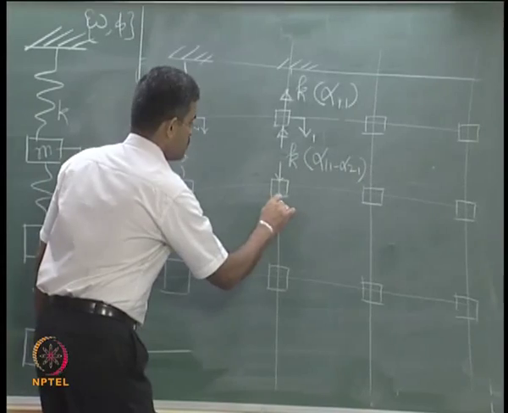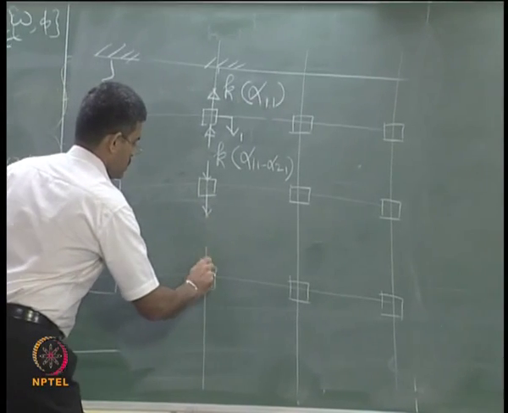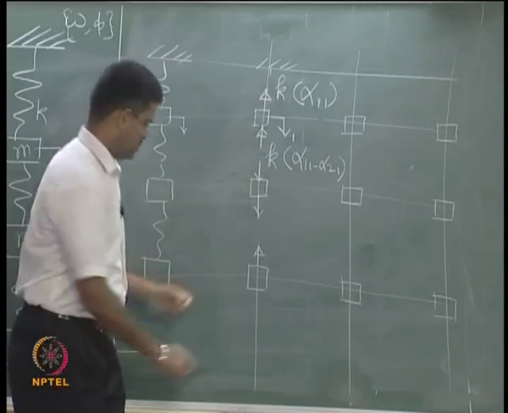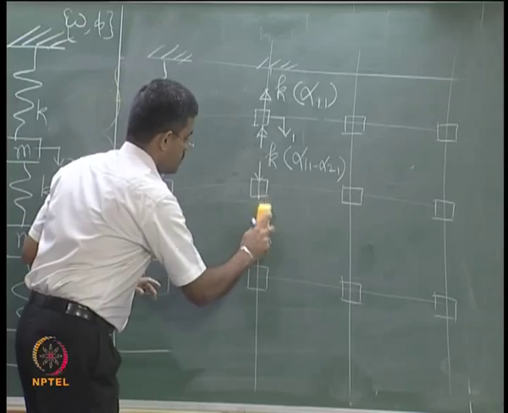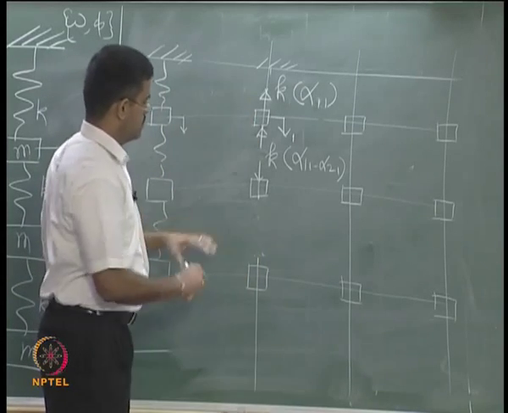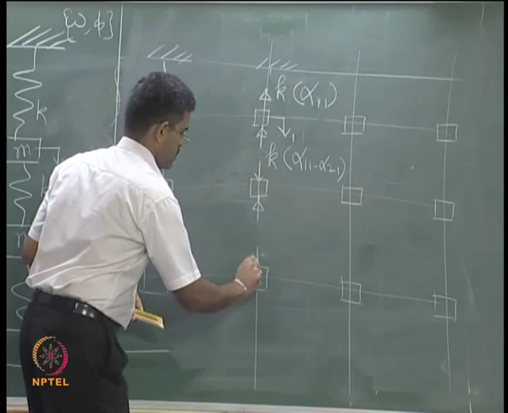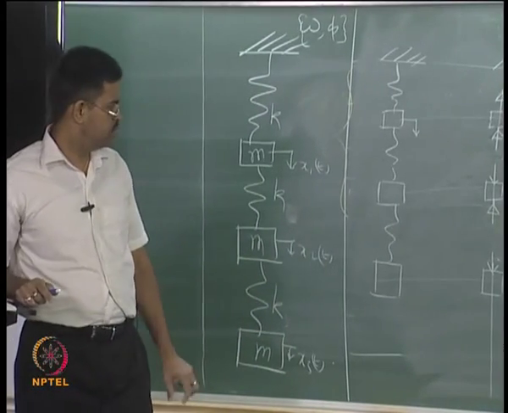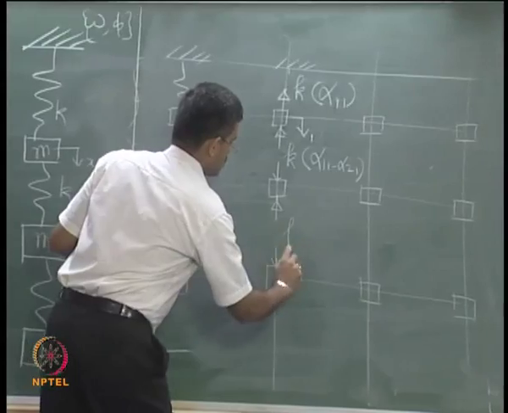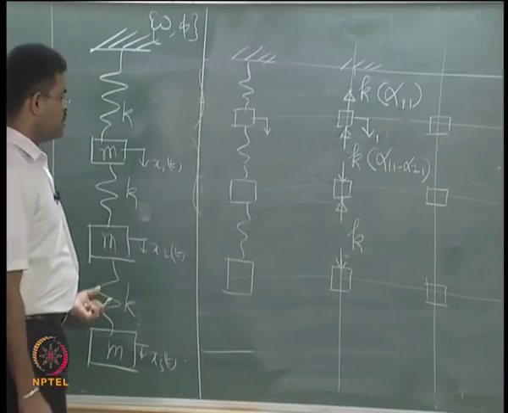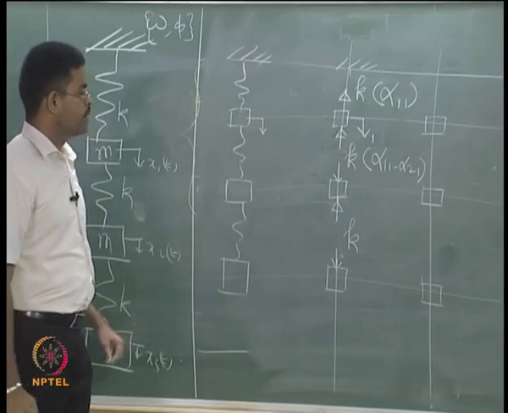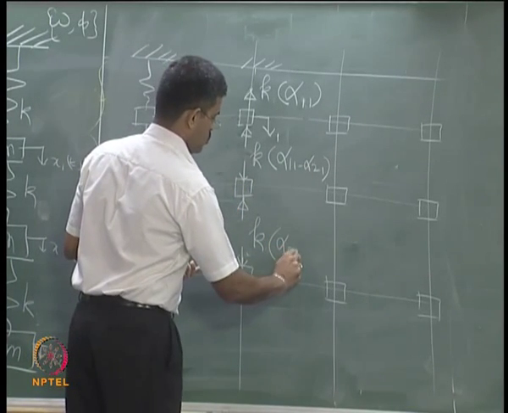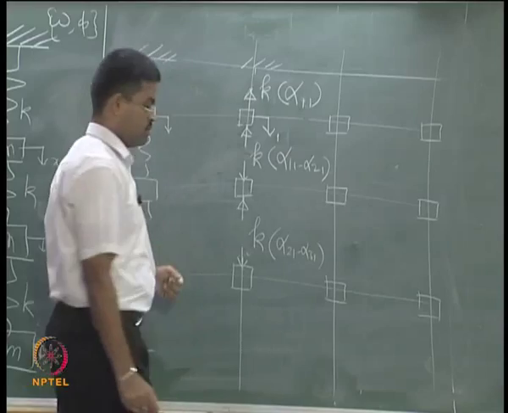Then the same way here, all these arrow directions are clear. So this is going to be the stiffness of the third spring, this one, multiplied by, started from here, alpha 2 1 minus alpha 3 1.